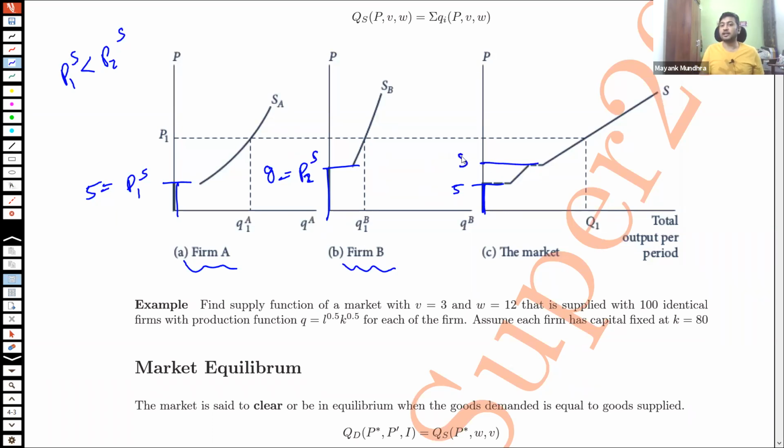But between 5 and 8, only the first firm supplies to the market, so the supply curve will look like the supply curve of just the first firm. But as soon as price goes beyond 8, firm 2 also enters the market. So now the supply curve is going to be the sum of these two curves. For any given price level, let's say P1, the total quantity supplied will be Q1A plus Q1B.